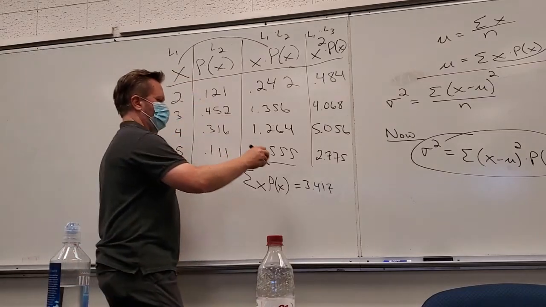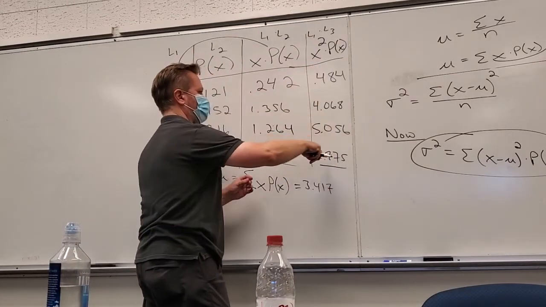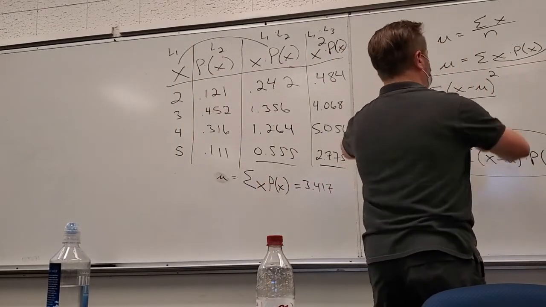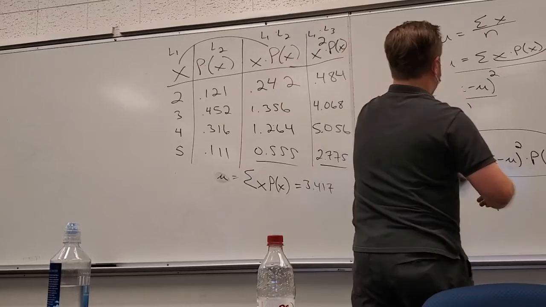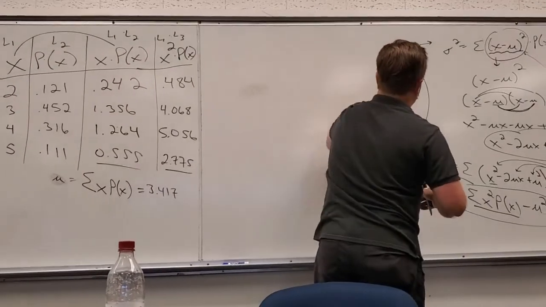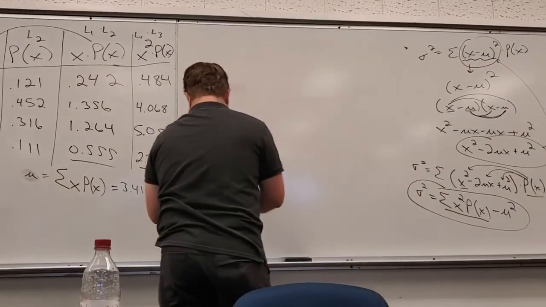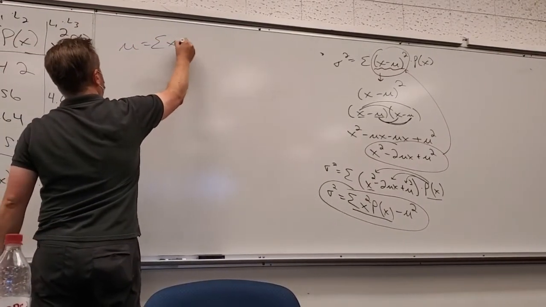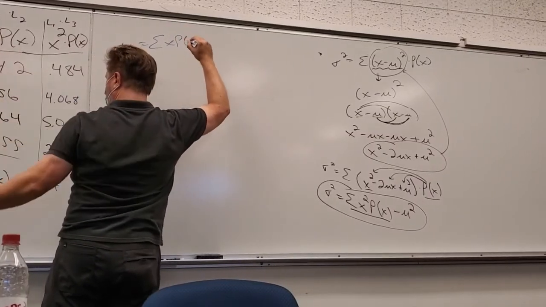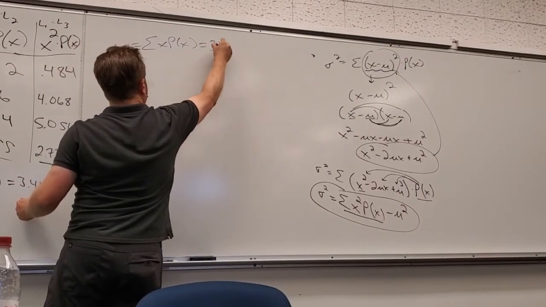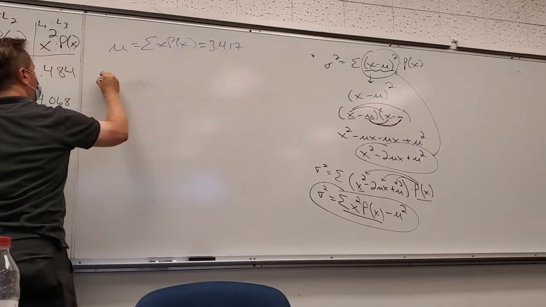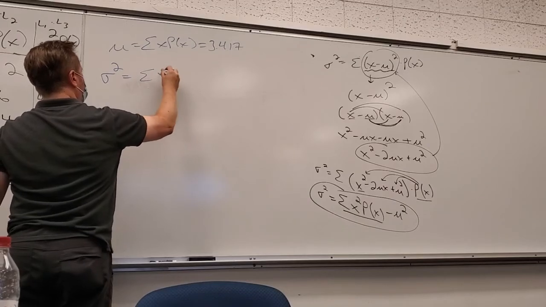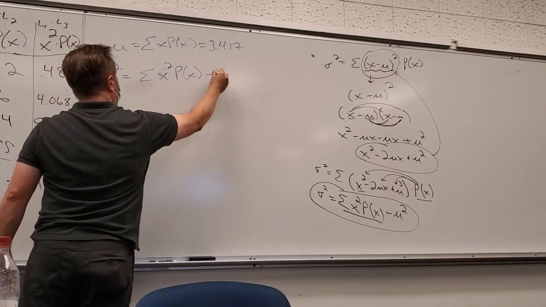So, when I add this column together, that is just a piece of what I need. So let me get stuff together over here to get ready. All right. So the mean was the sum of x p of x, which is exactly that number. The variance is the sum of x squared p of x minus the mean squared.